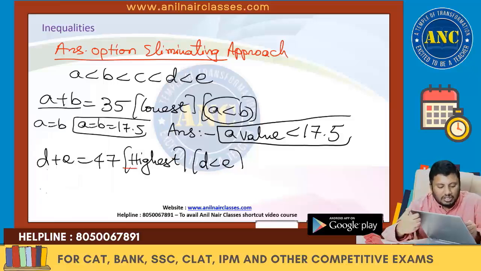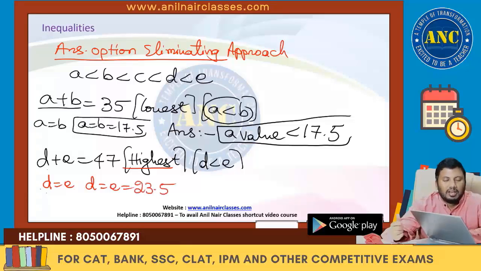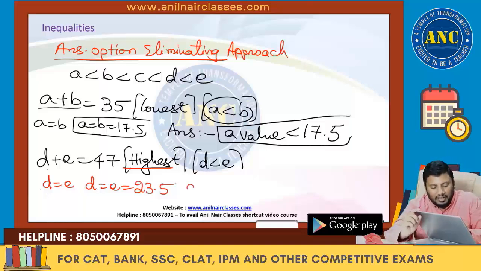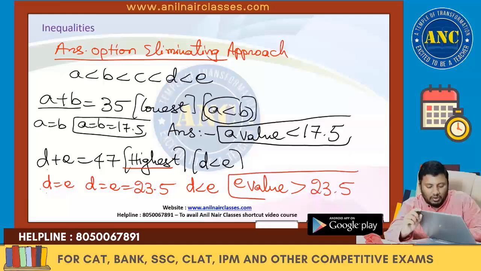Similarly, highest also we can do. If D is equal to E, D and E will both be 47 by 2, that is 23.5. That means E value should be greater than 23.5. Please make a note, sir.